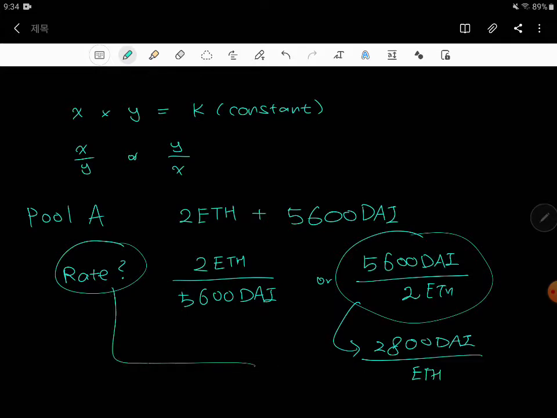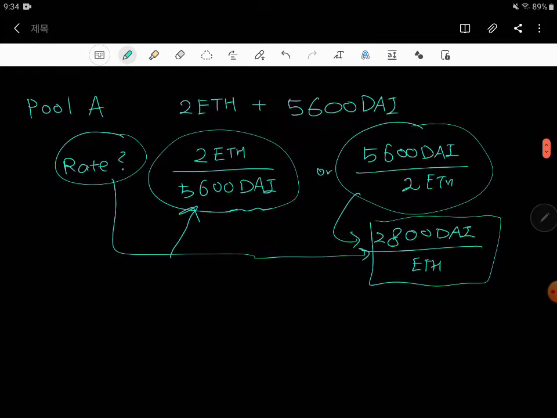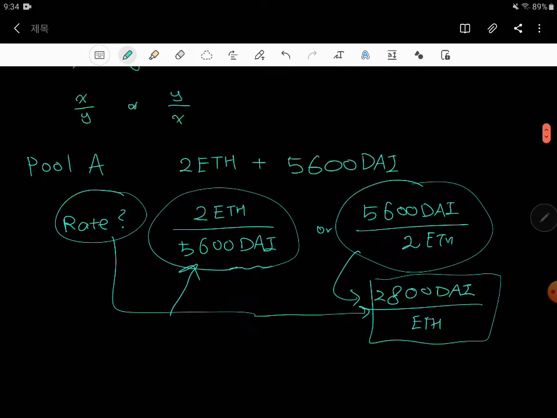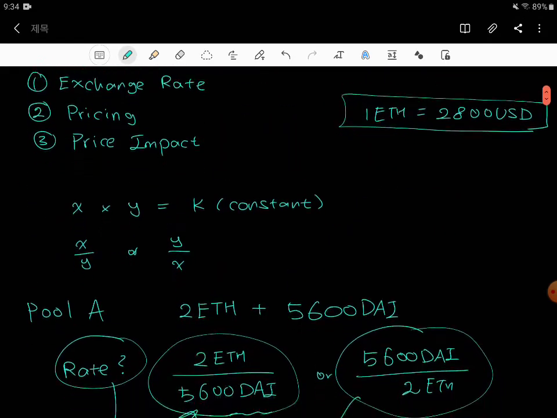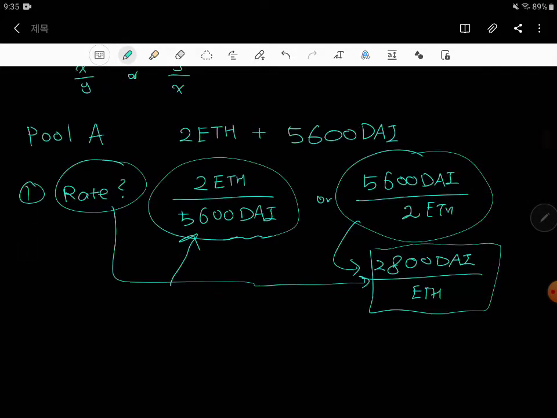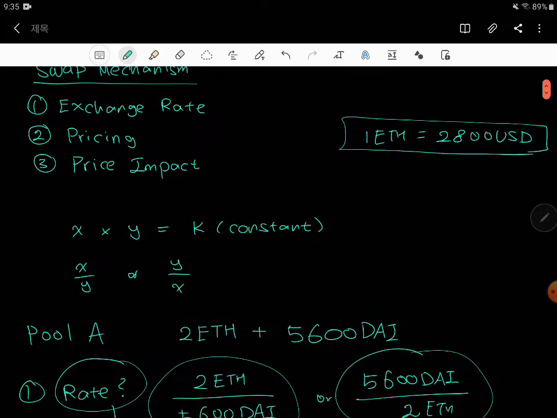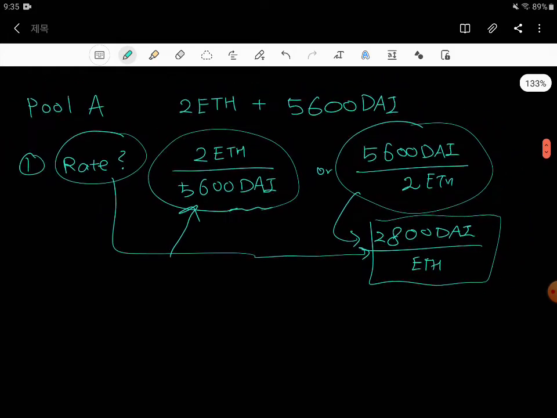So the rate is this. Or if you just compute this, you can also have 1 ether over 2,800 DAI, and they could have some decimals. I'll just skip this one because it's basically the same. And so this is number one. We had the computation of exchange rate, and let's figure out how pricing works in the swap system.